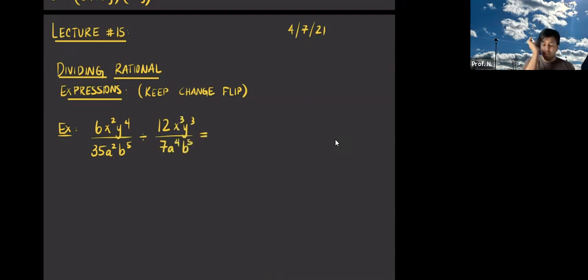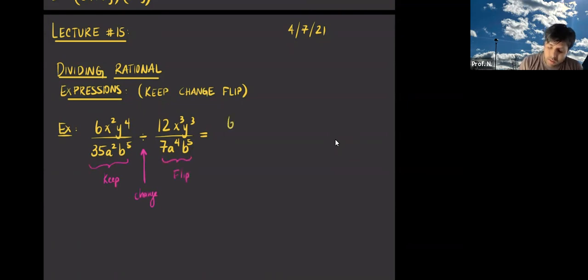Okay, so now we have this new thing here where we're dividing, right? But if we divide, we have to keep this guy here the same. We change the division to multiplication and we flip. We flip the last one.